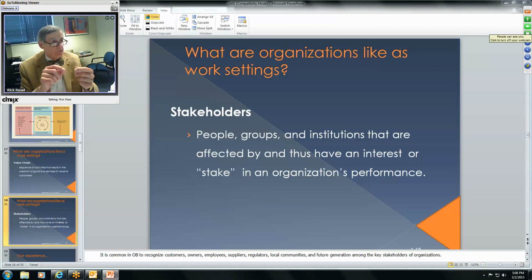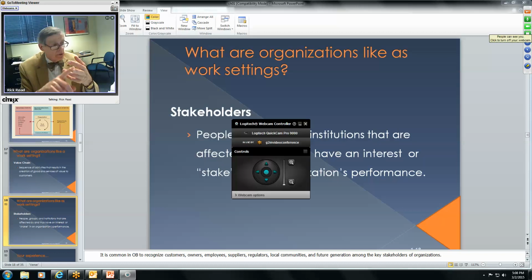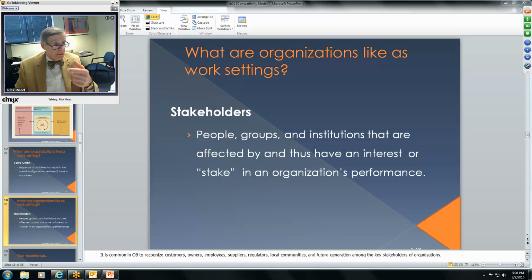Obviously, it's employees, it's suppliers, it's customers, it's the government because of regulations. And then how are we good stewards of the environment? It's the community in which we have our operations. All those things have some impact upon an organization.